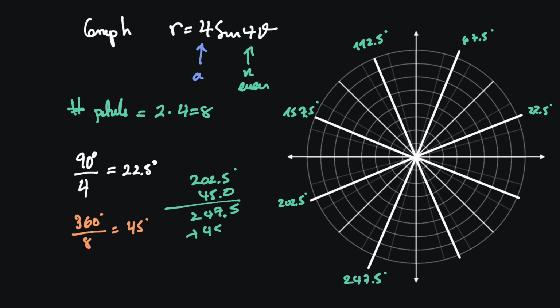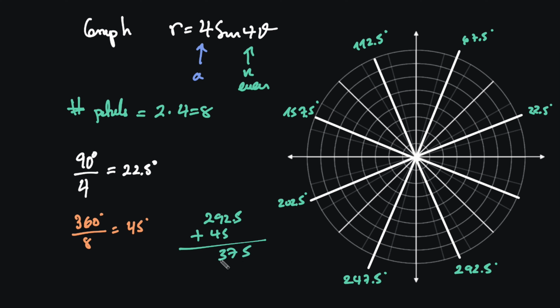If we add another 45, then we'll have 292.5 degrees. And if we add 45 more, 292.5 plus 45, it's going to be 337.5 degrees. Okay, so I guess you can check all those numbers in your calculator if you want, but they're right.